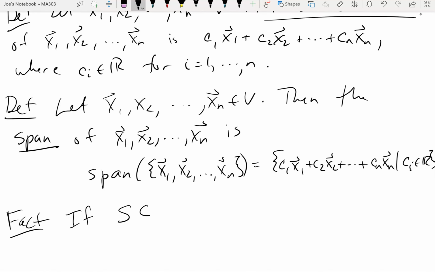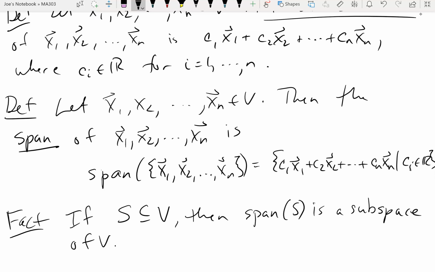What's true is that if I take any set of vectors from V, I'm just going to call it S, then the span of that set of vectors is always a subspace. Why? I want a subspace every time.